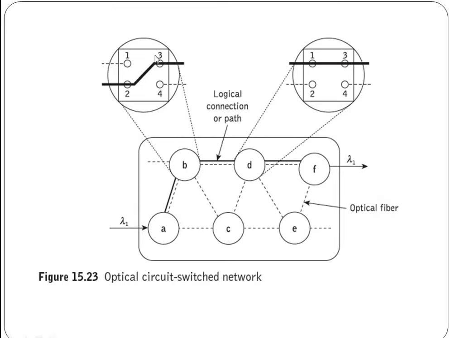In this way, a logical path or an optical circuit from node A to F is created for the light path using wavelength lambda 1.